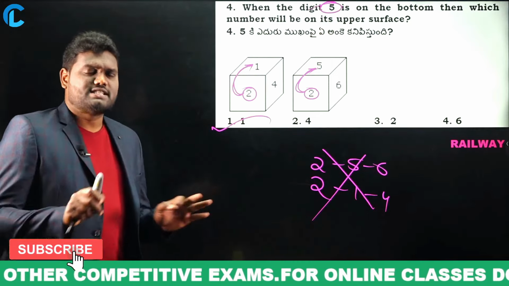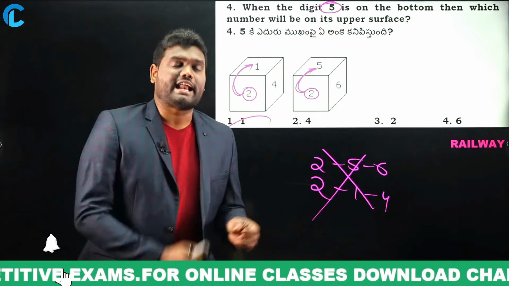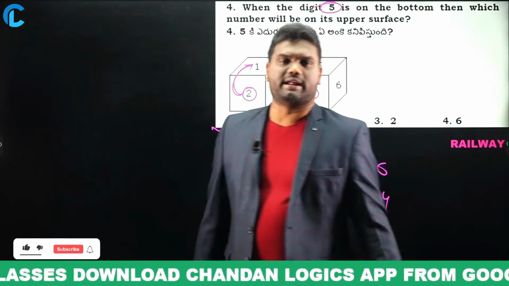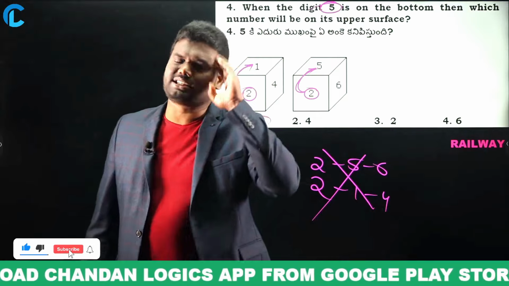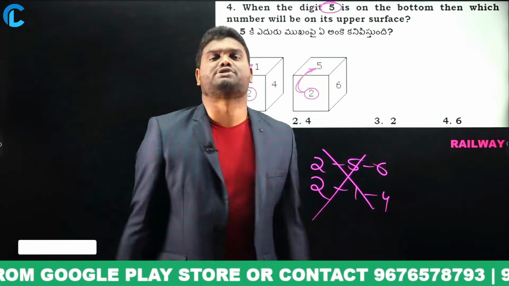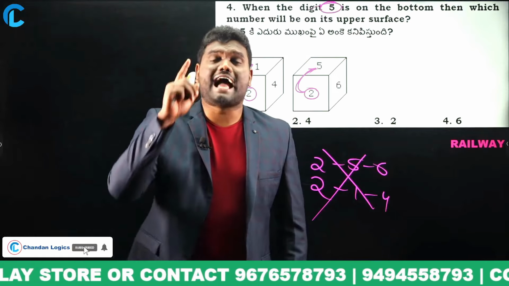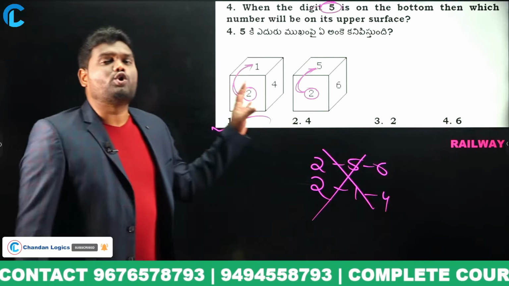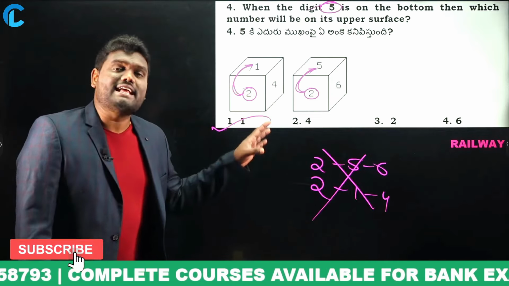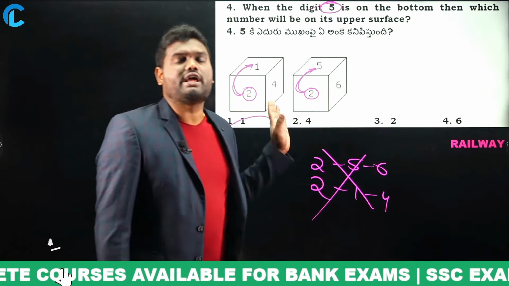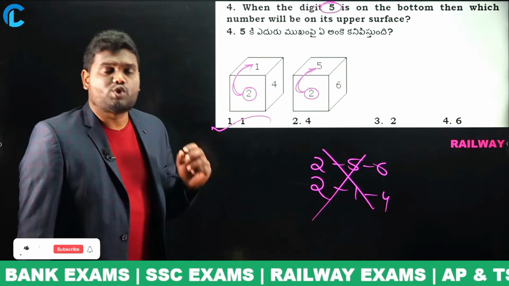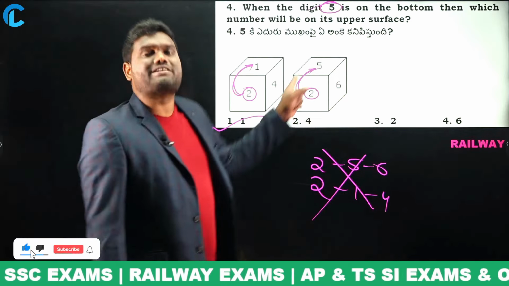Just try to know how many elements are common, whether 2 elements or 1 element. If you have 2 elements common, remember this technique: the remaining surfaces are opposite. When we have 1 element common, find that common element, and with respect to it, locate the required element. Here the common element is 2, my required element is 5, and 2 immediate clockwise is 5.